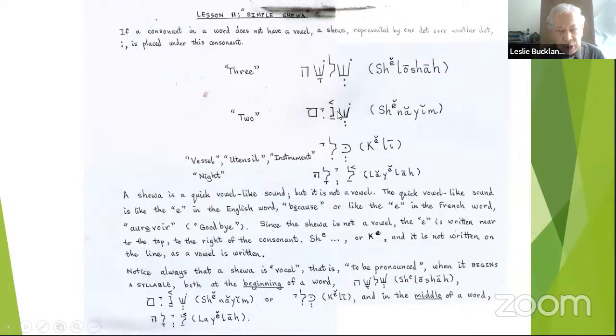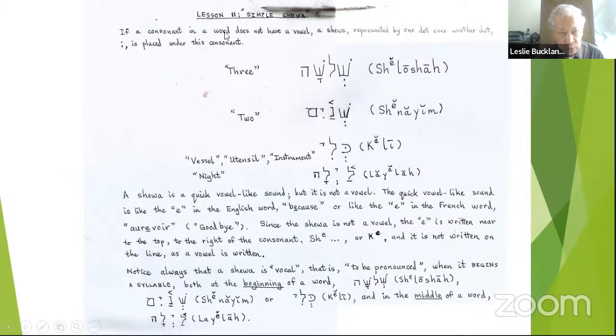Here is another example. The word shenayim, which means two. Notice that shin does not have a vowel underneath it, like these others do. You have the vowel patach, which is A, and you have the vowel short hirik, but there is no vowel under shin.